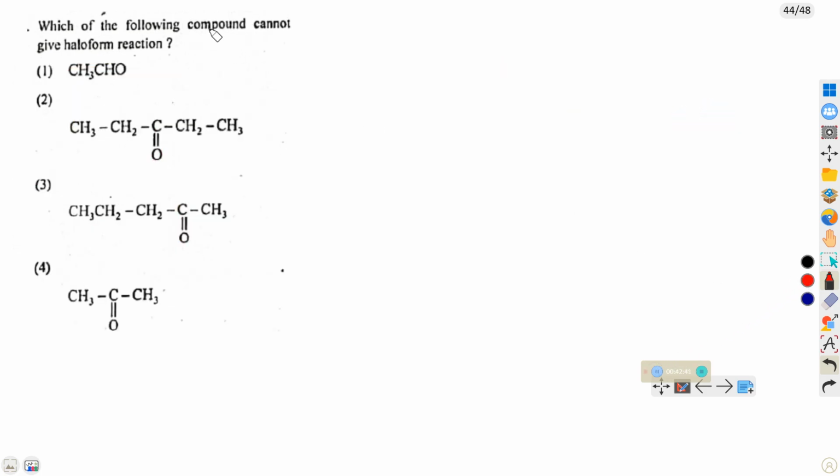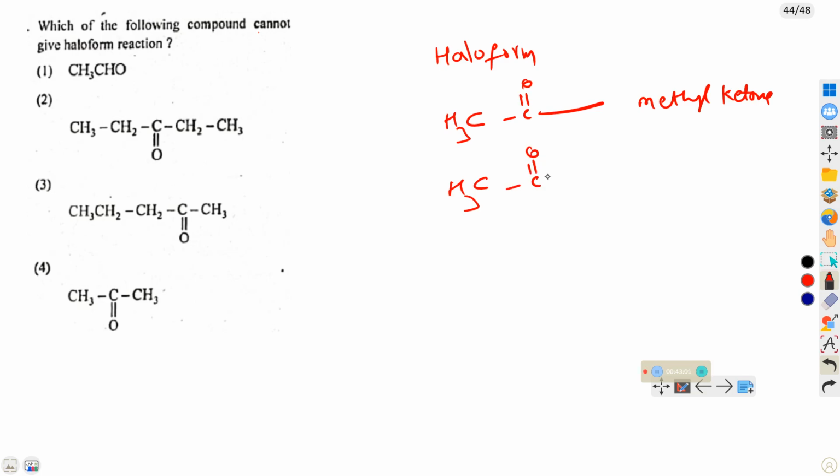Which of the following compound cannot give haloform test? Which gives haloform test? Methyl ketones, CH3C double bond O. Methyl ketone gives positive haloform test. Not only methyl ketone, ethanol also gives positive haloform test.